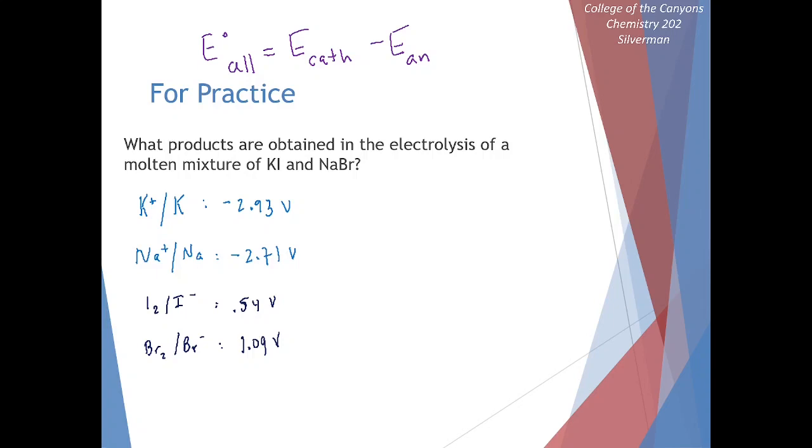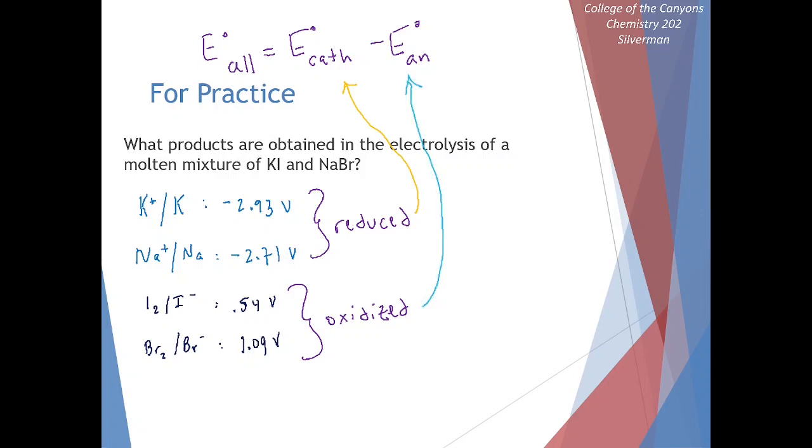And what we have is our metal ions being reduced and our halogen ions being oxidized. That means we need to choose between potassium and sodium for our starting value at the cathode. We get to choose between iodide and bromide at our anode.